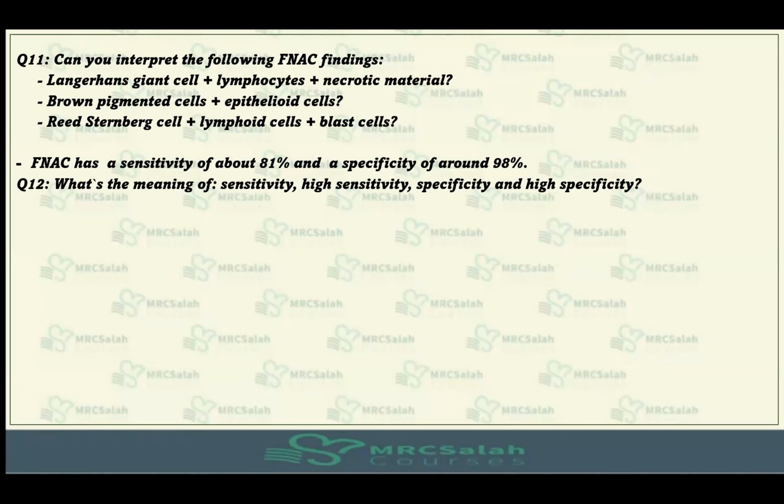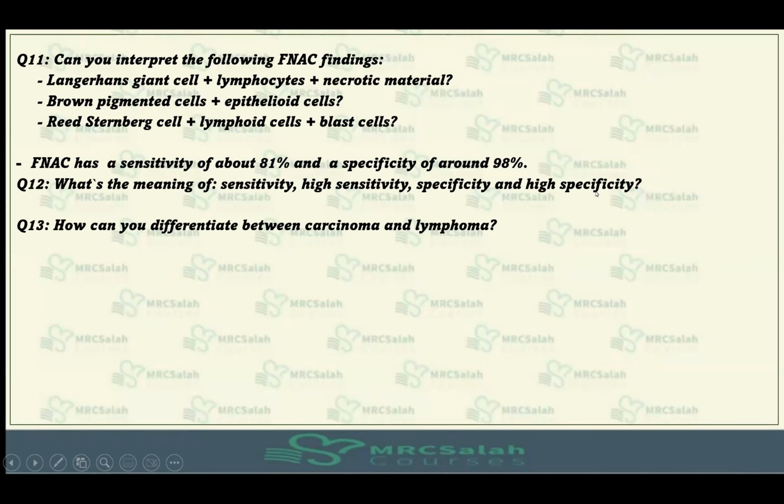Okay, great. How can you differentiate between carcinoma and lymphoma? By immunohistochemistry. Can you please tell me the meaning of immunohistochemistry and how it's done? It is the pathological test done to the tissue to differentiate.